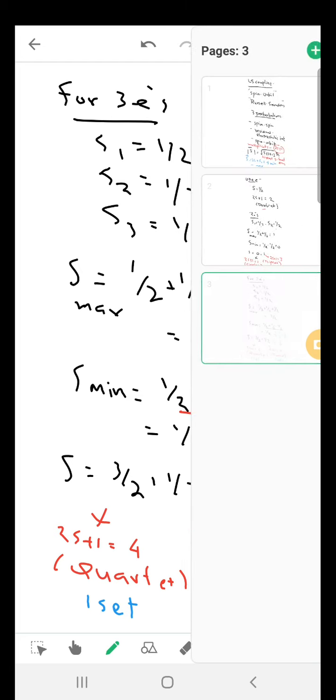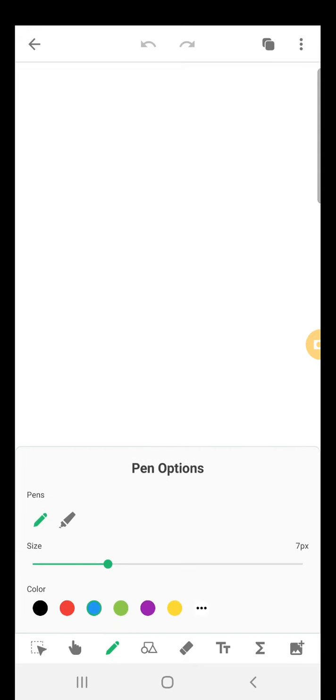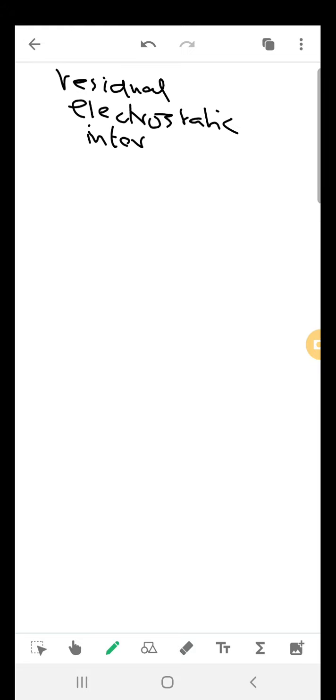Now the next is your residual electrostatic interaction. This is as a result of individual orbital angular momentum vectors of the electrons being strongly coupled with one another to form a resultant orbital angular momentum.